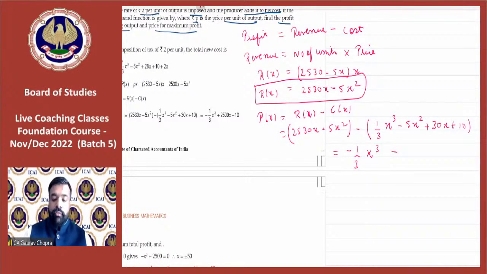Then what is left is 2500x and then minus 10. This is basically the profit, denoted by P(x). Okay.